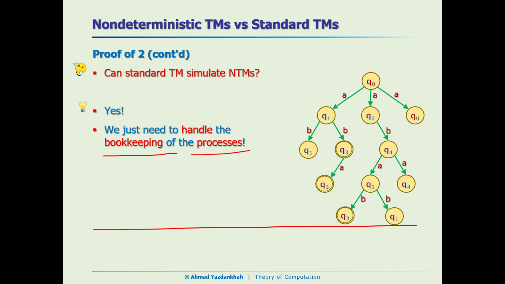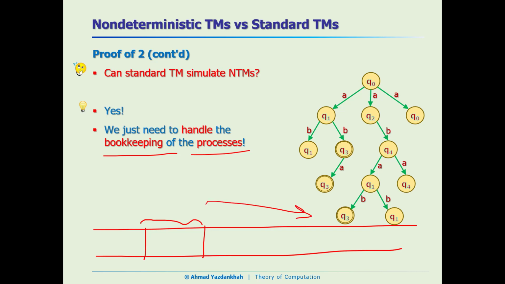I have one unbounded tape, and I have one input string here for a standard Turing machine, and I can use the rest of this tape for simulating anything. Let's say I keep track of one process here, and so forth, right? So it means that a standard Turing machine can simulate a non-deterministic Turing machine.